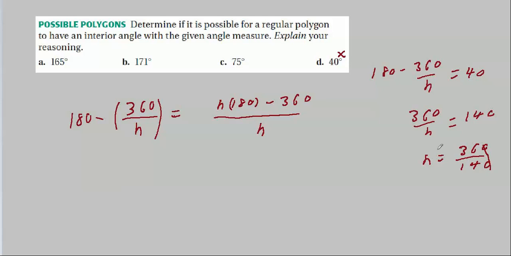This is the final equation I'm going to keep using, keeping in mind that this bottom number is 180 minus whatever angle we're talking about here. When it was 40, then it was 180 minus 40. Now it's 75. So we've got that n equals 360 over 180 minus 75 is 105. Oops, 105.